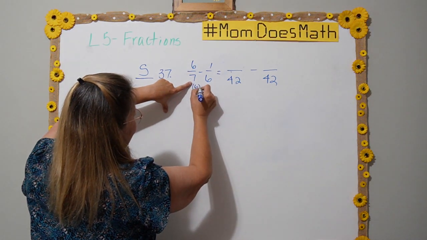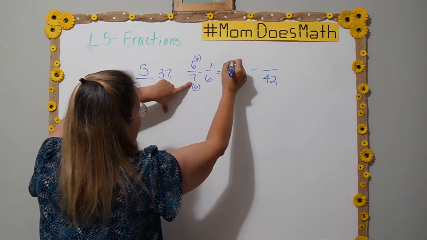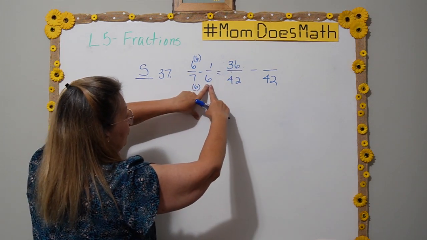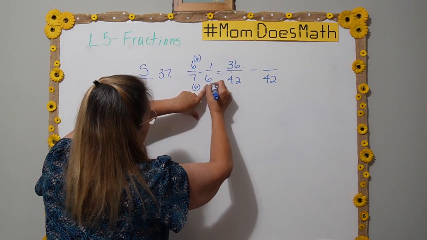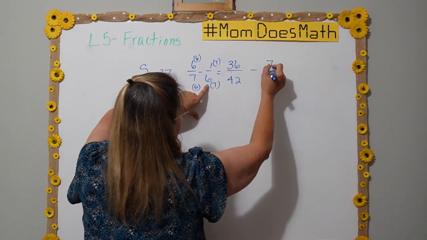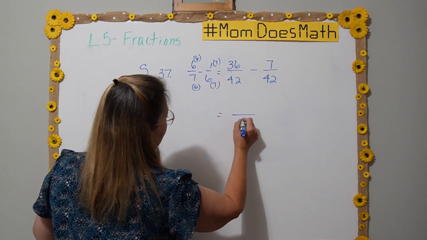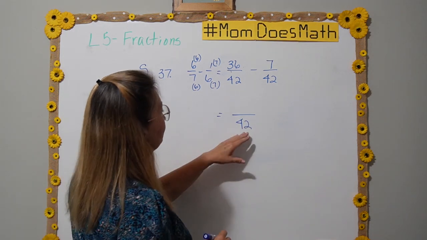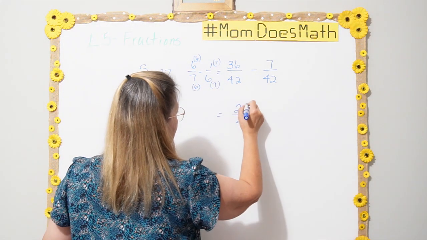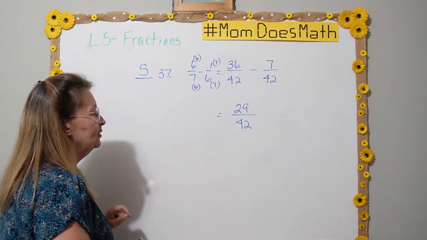You multiplied it by 6, so you got to multiply the top by 6, so that gives you 36. What did you multiply this denominator by to get the new one? Well, you multiplied it by 7, so you got to multiply the top by 7, so there you go. Now when you get your answer, remember the denominator stays the same. 36 minus 7 is 29, and that's going to be your final answer.